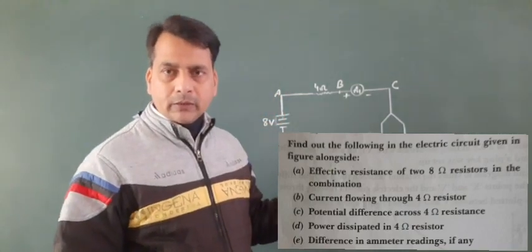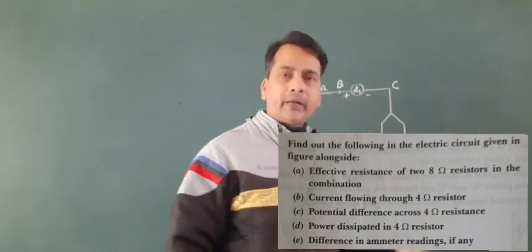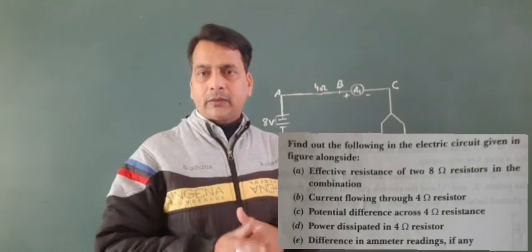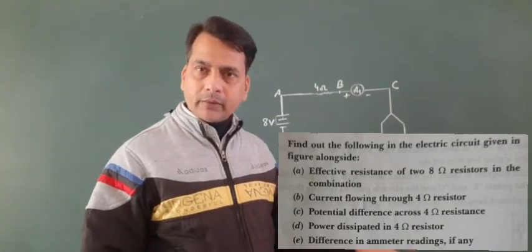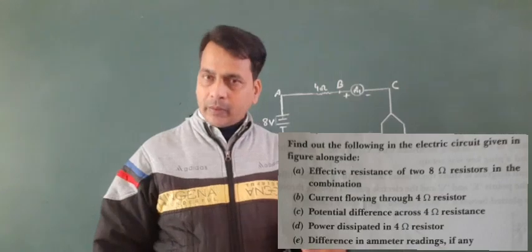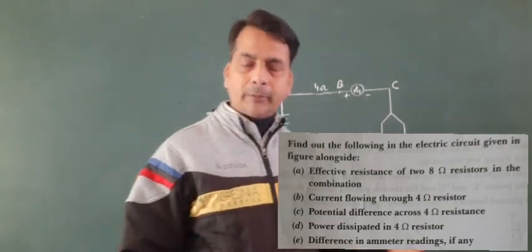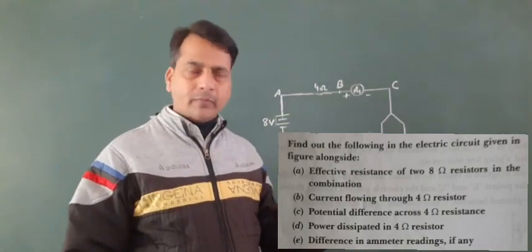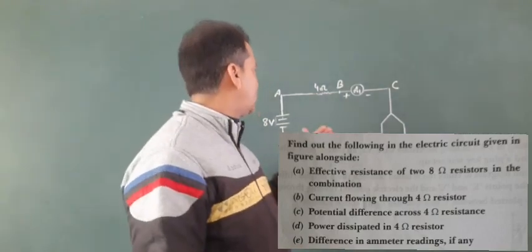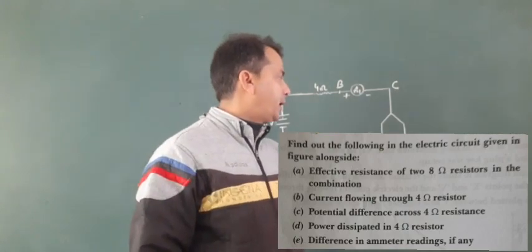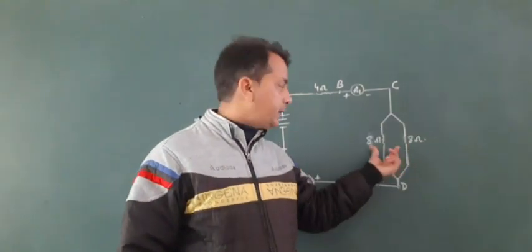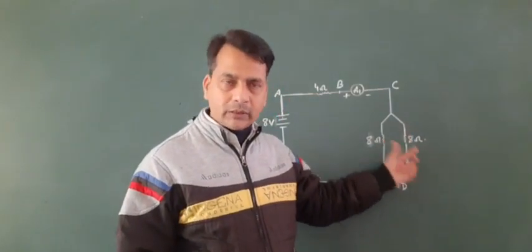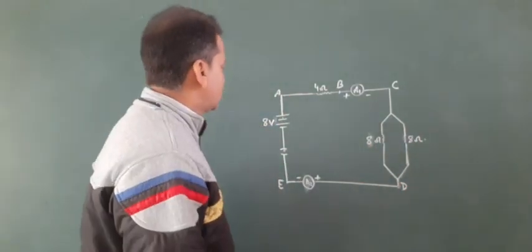As you know, resistors are in parallel if two or more resistors are joined to two common points, where the electric current will be different in each resistor and the potential difference will be the same. So in this circuit, here is the 8 ohms and this one is the 8 ohms. They are connected in the parallel combination.